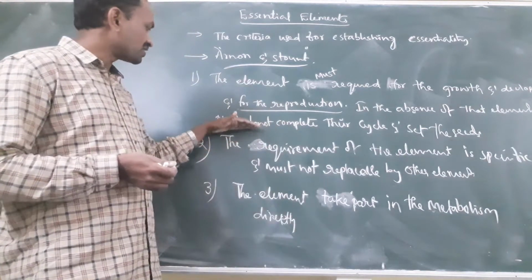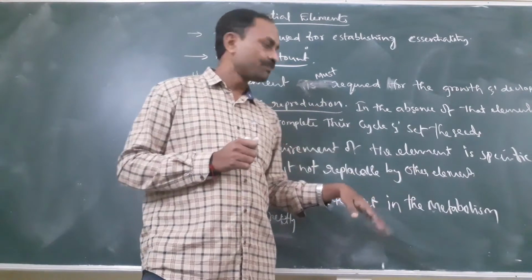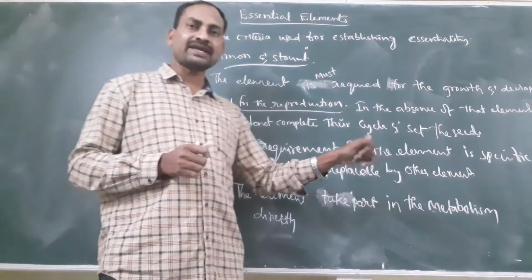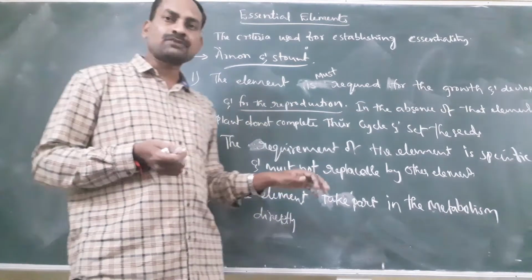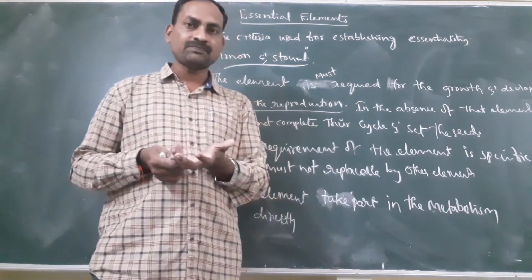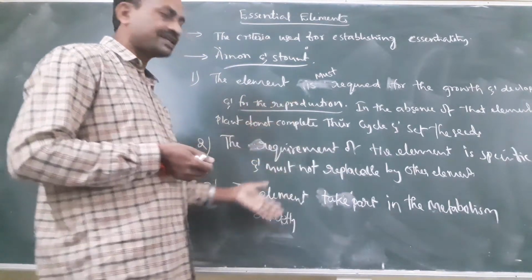Second, the requirement of the element is specific and cannot be replaced by other elements. The third is that the element has to take part in the metabolism directly, without any indirect roles. So these are the three criteria.